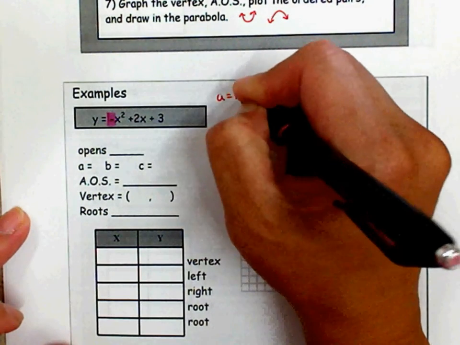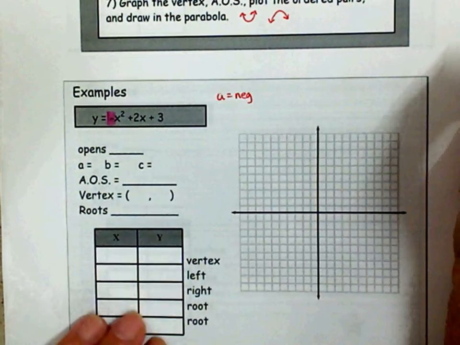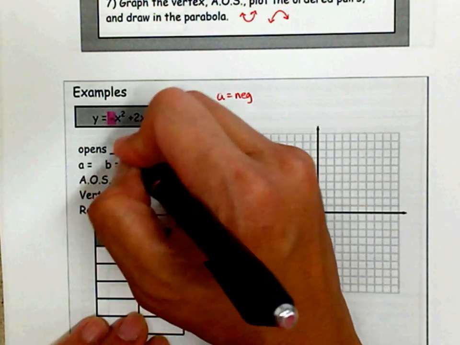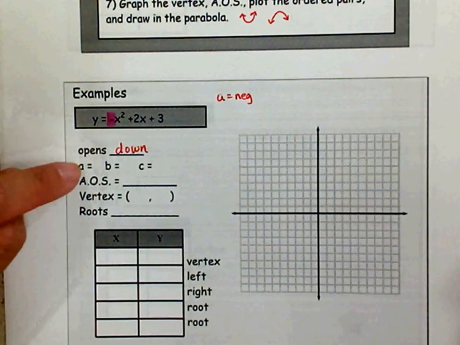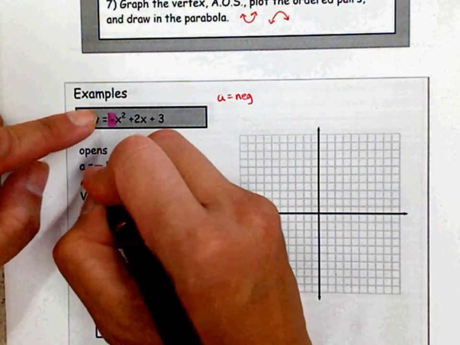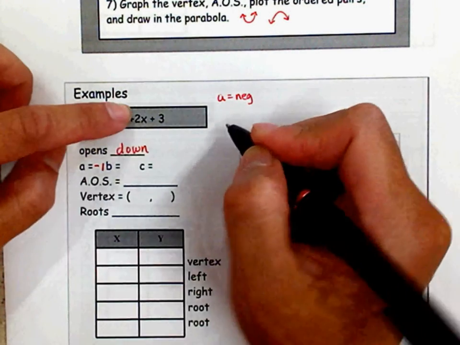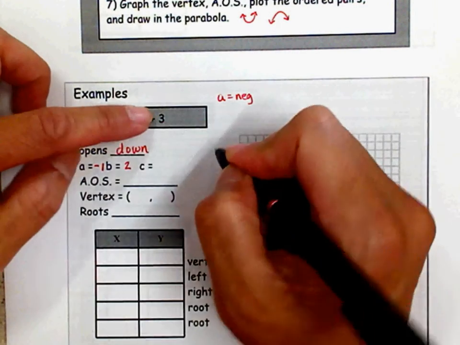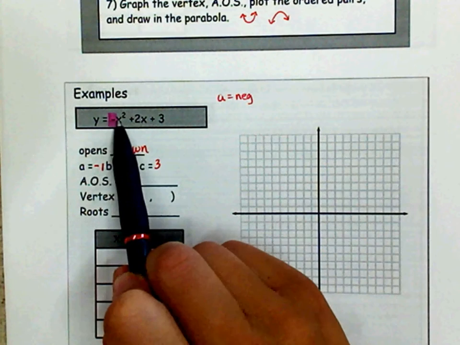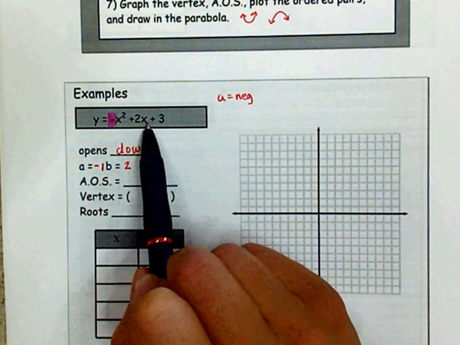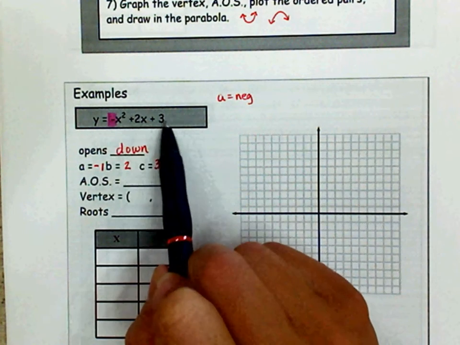Which way is it going to open? It's going to open down. What number is your a? Negative 1. What number is your b? 2. What number is your c? 3. A is always in front of x squared, b is always in front of the x, it's linear, and c is your constant, 3.